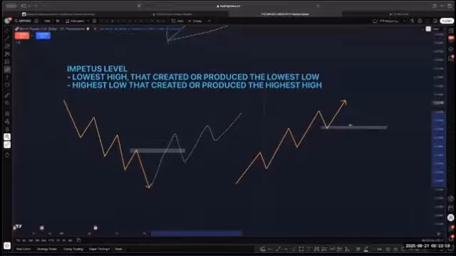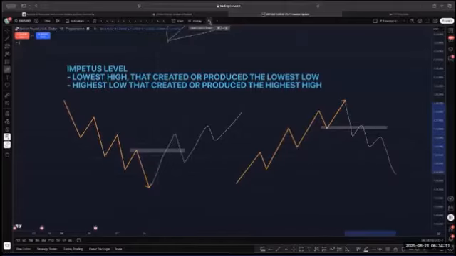Okay, breaking this is the impetus for a new direction. Okay, we're doing something else because of this action right here, which is why I call it the impetus level. Okay, that's what we're looking for. We're looking for this impetus level.